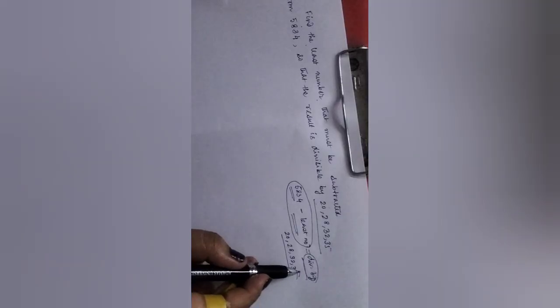That means the number that comes out after subtracting that required least number from 5834 will be, make sure my dear children, a multiple of the lowest common multiple, that is LCM, of these given numbers.